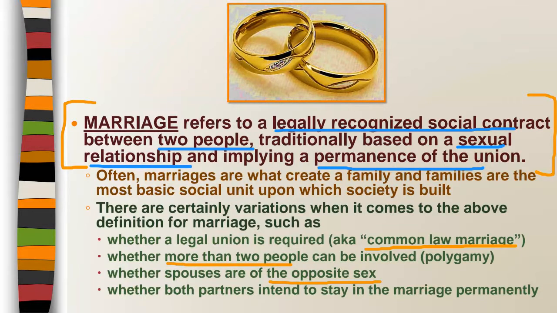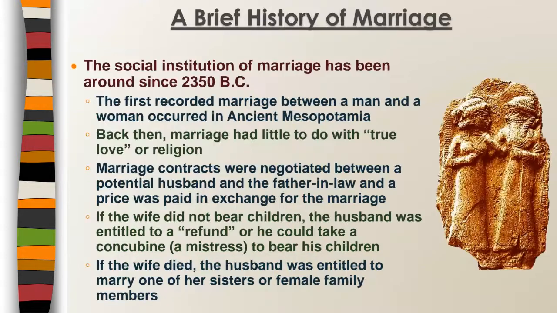And whether partners intend to stay in the marriage permanently. Who knows? Maybe some people just get married for fun and have no intention of staying in that marriage forever. So certainly there's some variations, and we'll touch on those throughout the rest of this lecture as well.